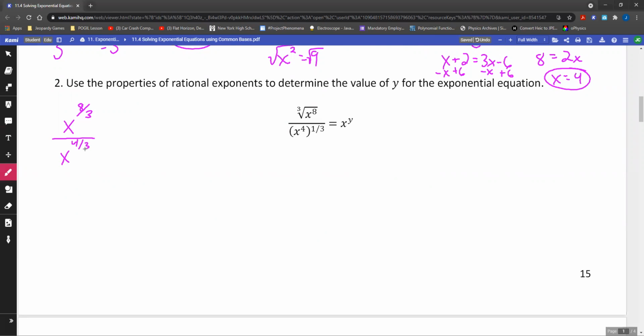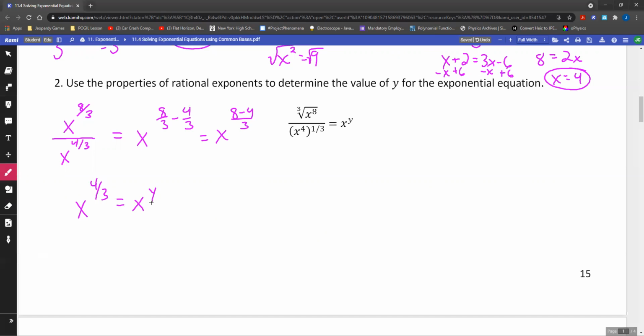From here, I can do the quotient rule and subtract these two exponents. So 8 over 3 minus 4 over 3. Since they have the same base, I can actually just rewrite this like 8 minus 4 divided by 3. So this ends up being x to the 4/3.